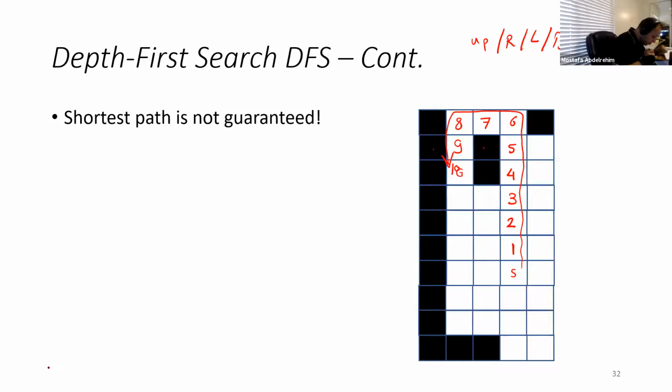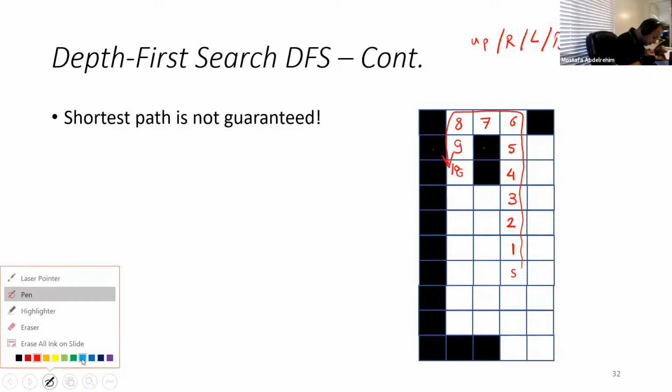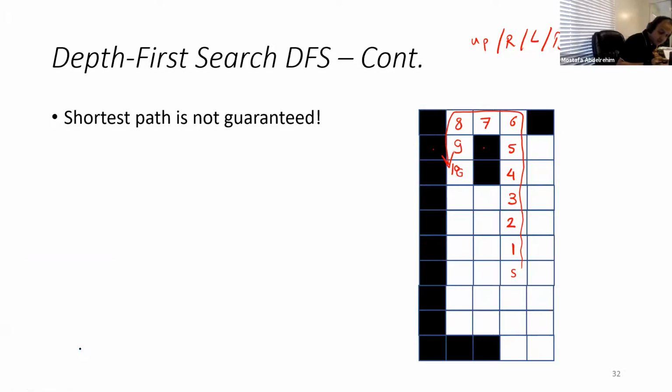The shortest path should be something like this. Maybe like this, or even like this, okay? Or even like this, or maybe even like this. All these paths that I'm showing in here take exactly the same number of steps, which is less than what the depth first search gave us.